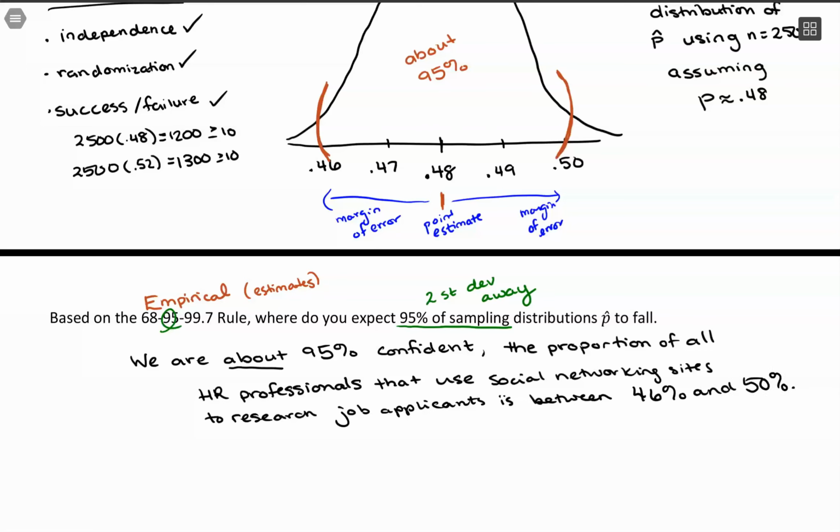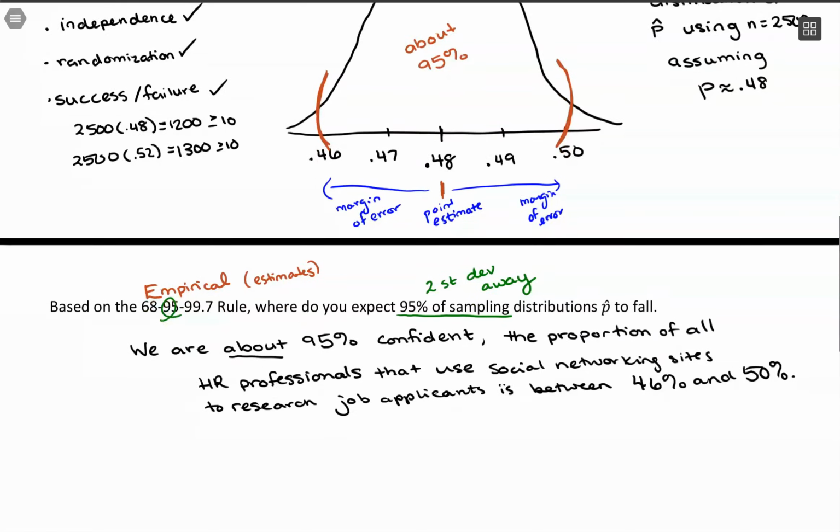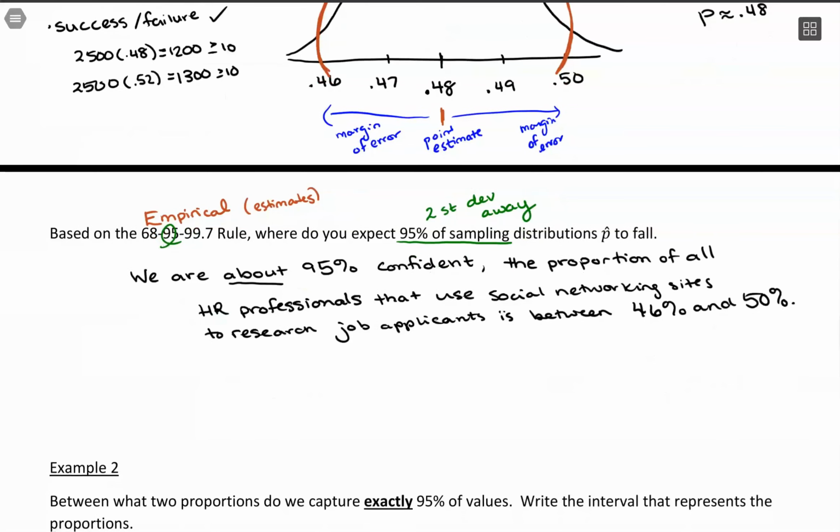So what we end up with here is a sentence that talks about our confidence level. How sure are we about what we're stating here? And then we're making a sentence about the proportion for our population. So this wording here about the proportion of all HR professionals is in terms of our population proportion. And then we have a range of values or an interval with the lower bound and upper bound. So let's just break down how these are really calculated, because we're going to move to is a formula.